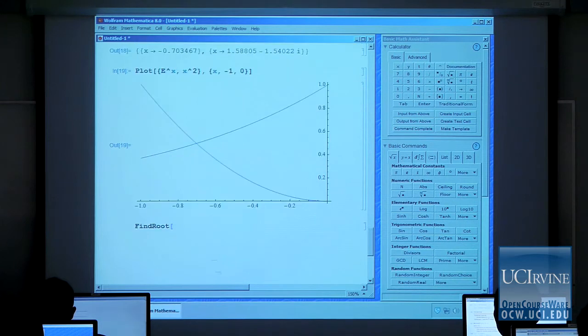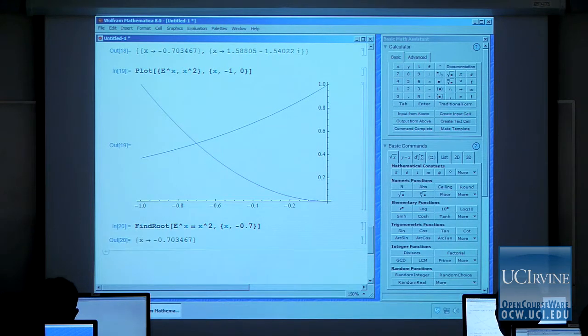And then what we do is, in addition to specifying what we want to solve for, we put in our guess. We've seen the plot here, so I can see it's around -0.7. If we put that in, that's a pretty good guess, then we'll get a more precise answer.